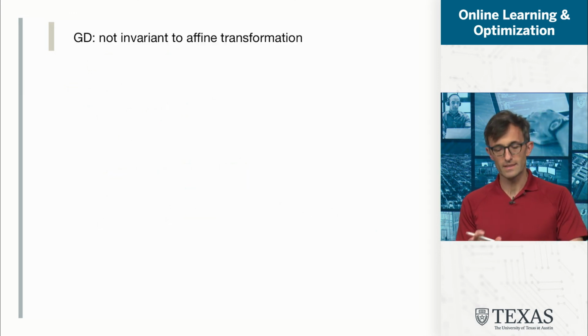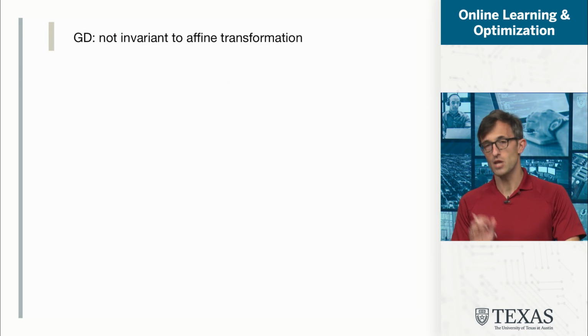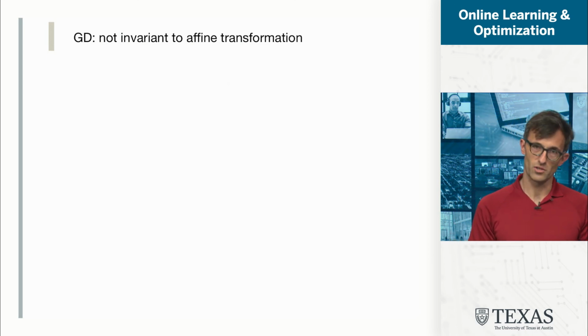So what we've basically seen here is that gradient descent is not invariant to affine transformation.